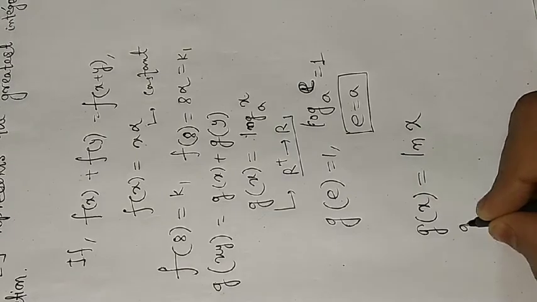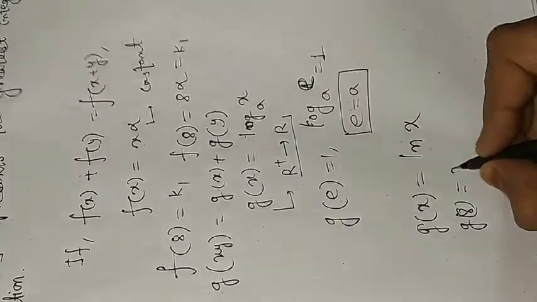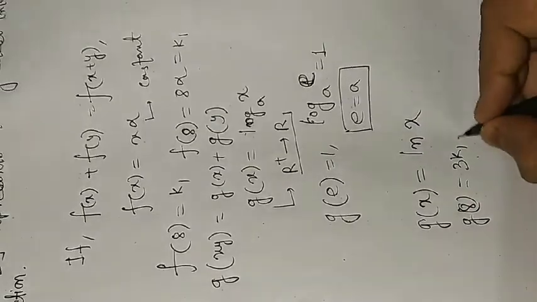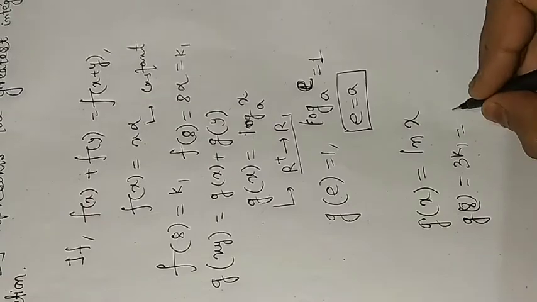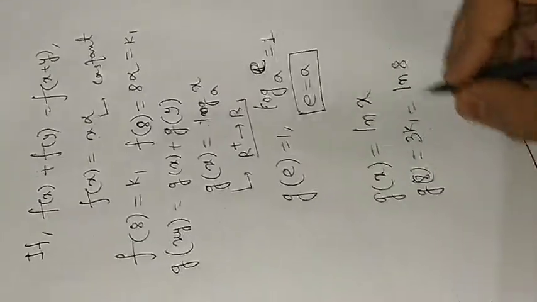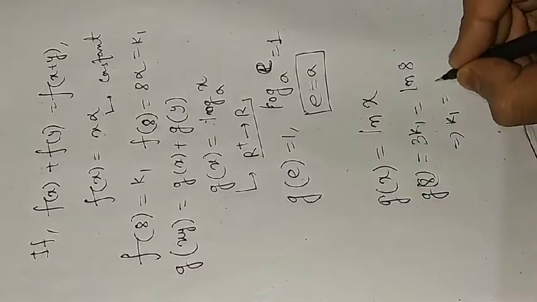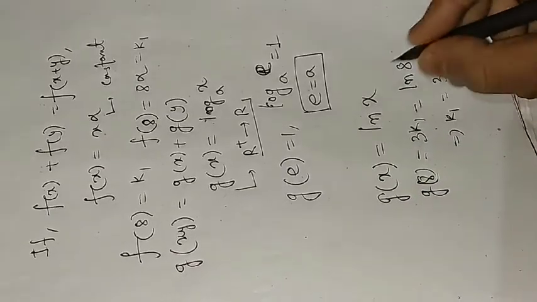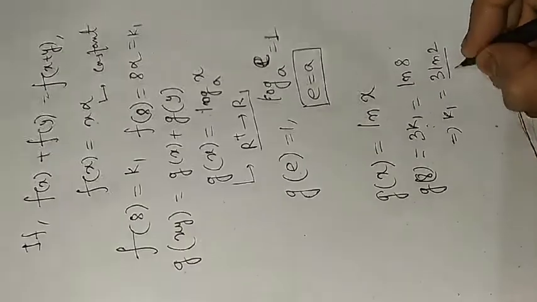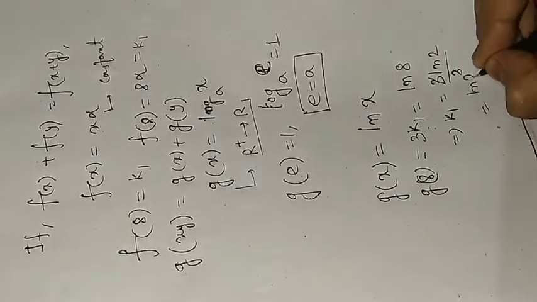Now it is also given that g(8) = 3k1, and from this function we can write it is ln 8, right? So k1 = 3 ln 2 divided by 3, and it equals ln 2.